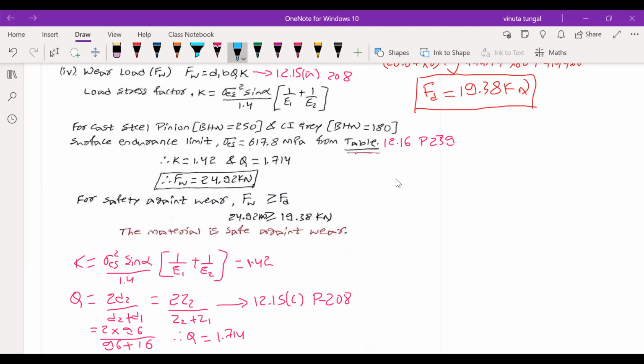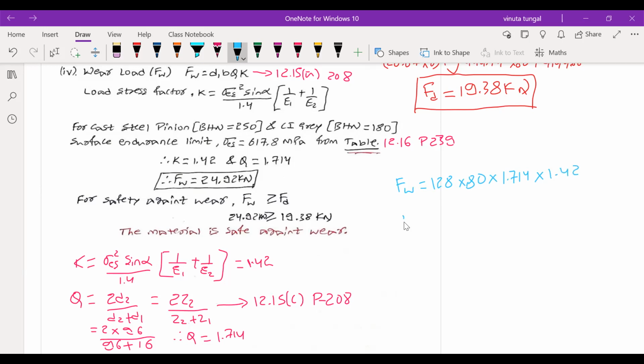After knowing all these values, the wear load is equal to, substituting in this equation, D1, which is 128, multiplied by the face width, which we calculated as 80, into the Q value, which I just calculated as 1.714, multiplied by K, which is calculated as 1.42.